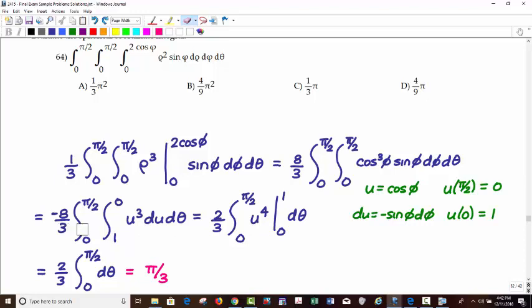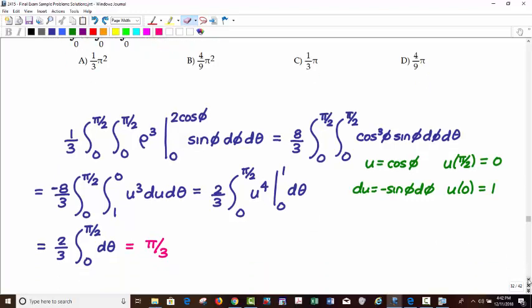But yeah, you might wonder how the 8 turned into the 2. It's from the 4 in the denominator of this antiderivative. Put in 1, put in 0, that just turns into 1. Now you're left with d theta. So 2/3, 0 to pi over 2 d theta, just throws the theta in there. So it just tosses a pi over 2 in there. So 2/3 times pi over 2 would just be pi over 3.